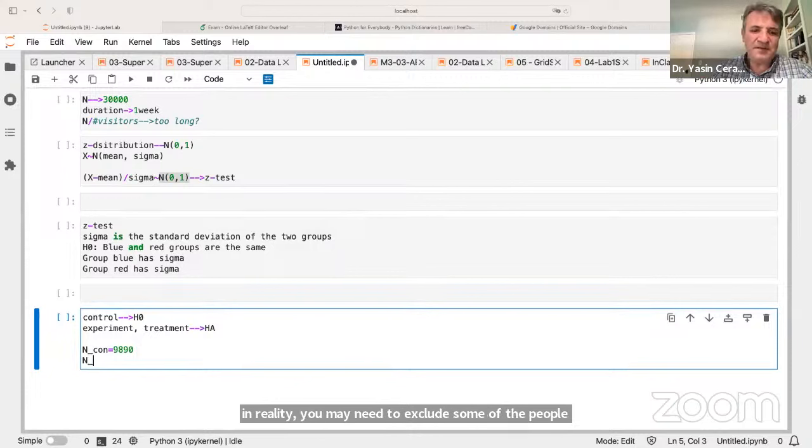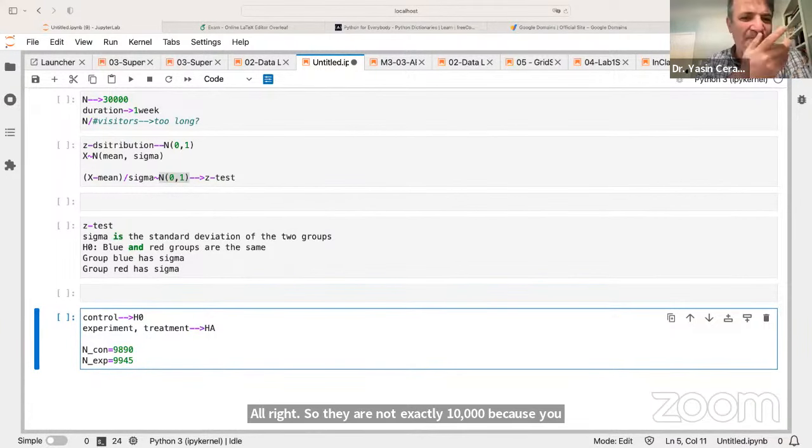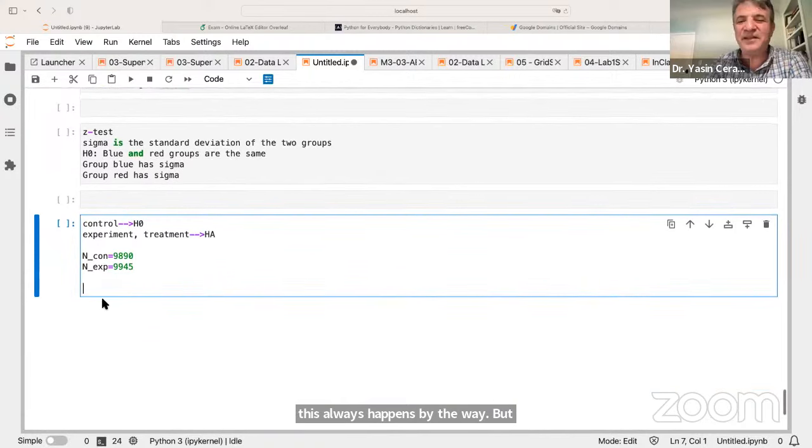So you end up with these numbers. Your experiment group is 9,945. They are not exactly 10,000 because something happened and you had to exclude some people after the test. This always happens, by the way. But know that at the beginning you decided the total number of people supposed to take this test is 20,000, divided into two equal pieces: 10,000 control group, 10,000 experiment group.